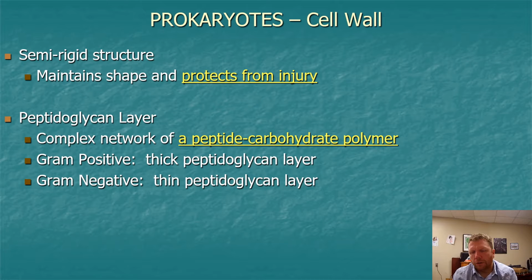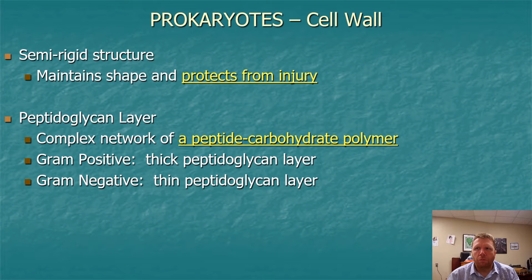So we're going to go ahead and start with the description of a prokaryotic cell by looking first at the cell wall. Now the cell wall maintains its shape and basically protects the cell from injury. There is a peptidoglycan layer that is a complex mixture of polypeptides and carbohydrates.